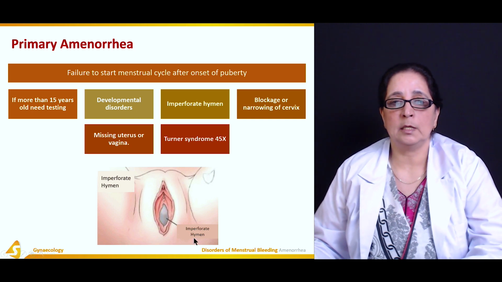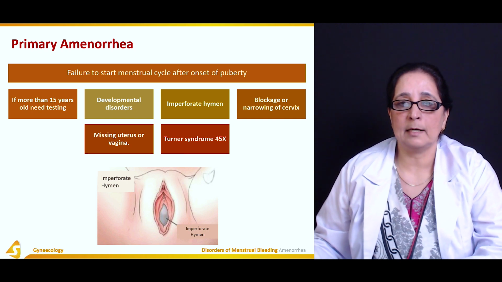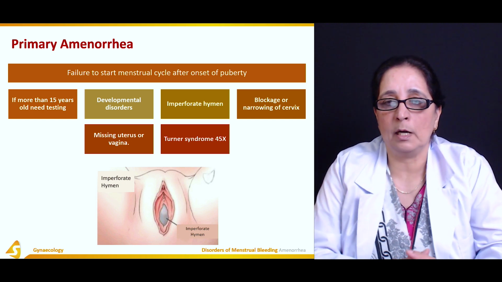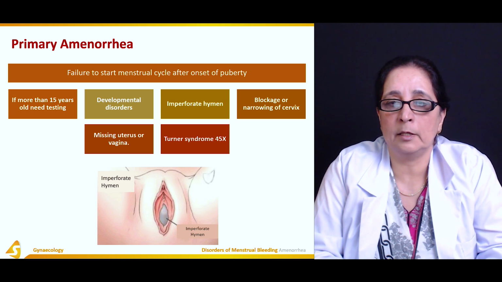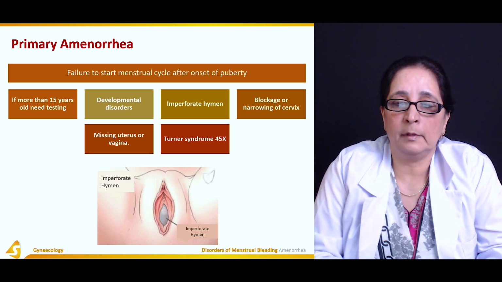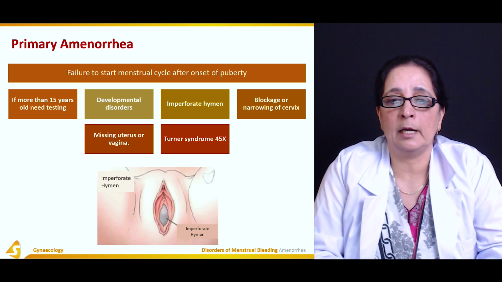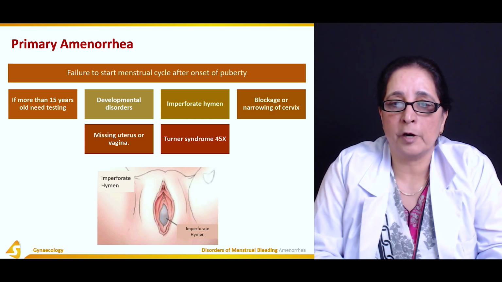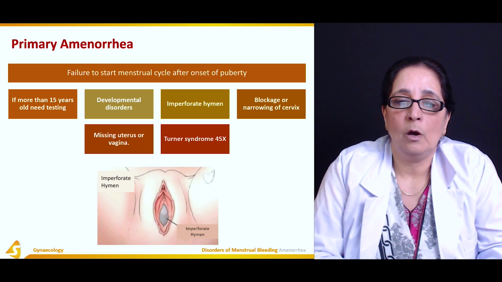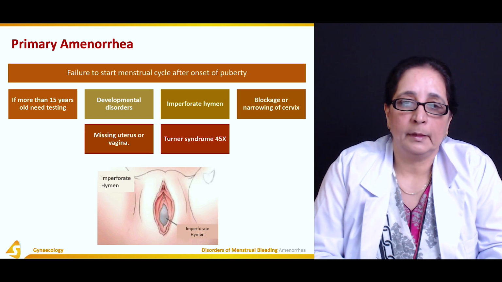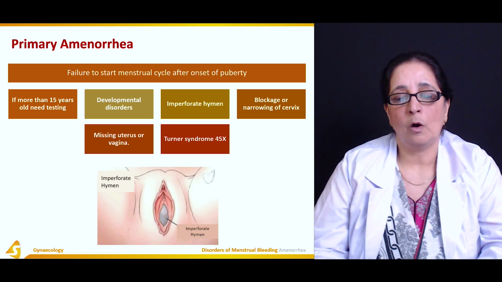Turner syndrome is a chromosomal disorder in which there is a 45 X karyotype, so one X chromosome is missing. Patients who have Turner syndrome complain that menstruation never starts, and they have infertility and amenorrhea and lack of breast development and all those issues. This can be treated only with hormonal therapy, but usually it's hard to treat infertility in these patients even with hormone therapy.